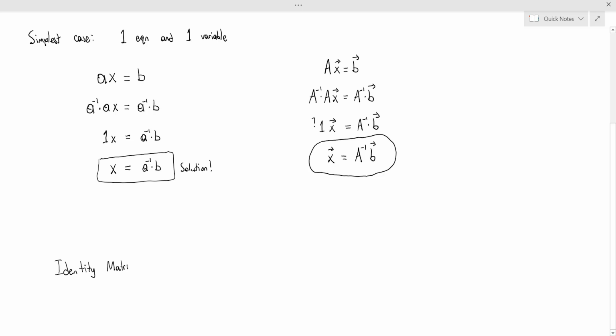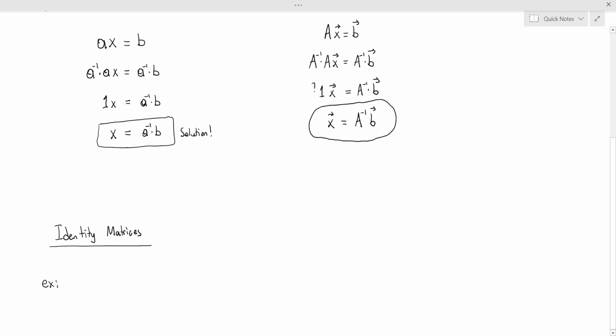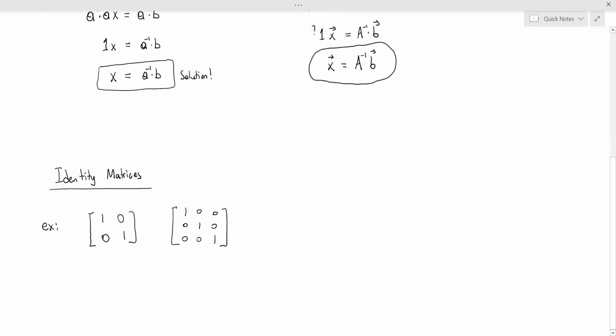So let's quickly talk about identity matrices. An identity matrix is a matrix that has 1s along the diagonal and then 0s everywhere else. So here I have a 2 by 2, and then this is a 3 by 3 example of an identity matrix.